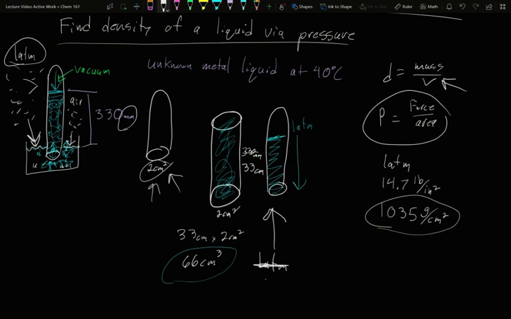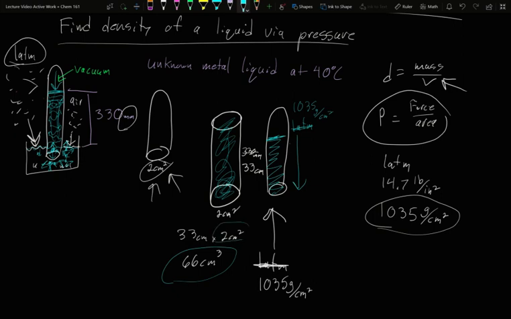I can turn my 1 atmosphere into 1,035 grams per centimeter squared pushing liquid up, and I can turn my liquid pressure into 1,035 grams per centimeter squared pushing down. This is when they'd be equal and your height would stop going up. That means all the material I have must be 1,035 grams per centimeter squared.